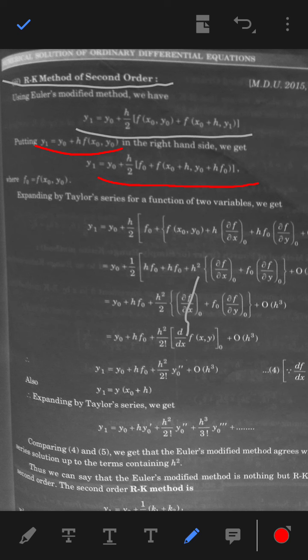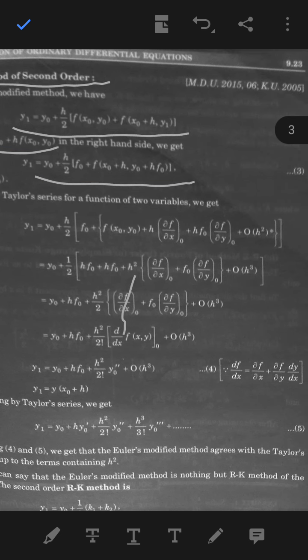So simply we have replaced y1 by the value. Now we expand this by Taylor series. So the left hand side is simply our y1, on the right hand side y0 plus h by 2. In square brackets we have f0 plus, next expression is f of x0 plus h, y0 plus h f0.